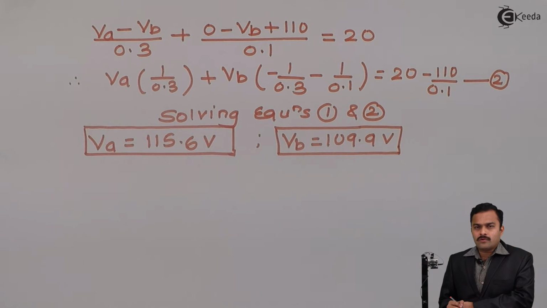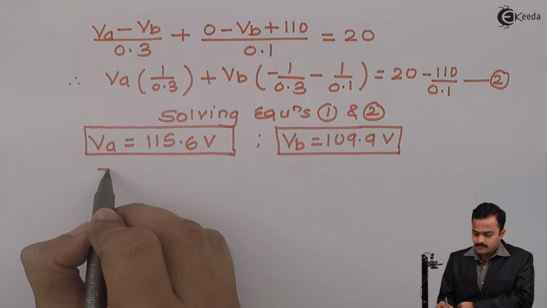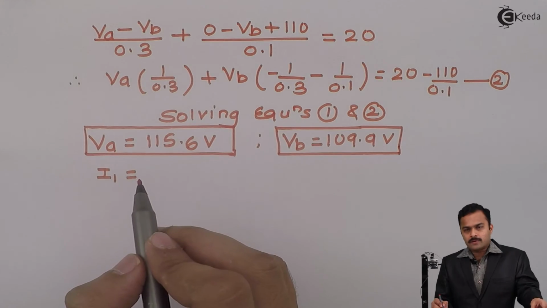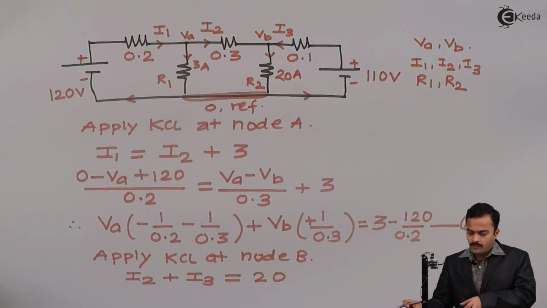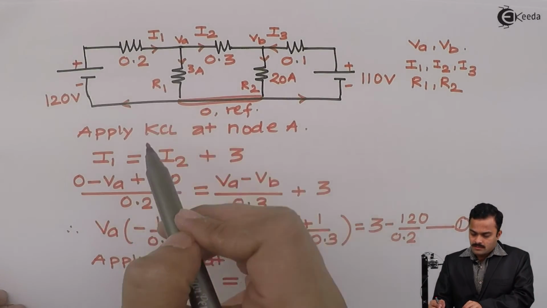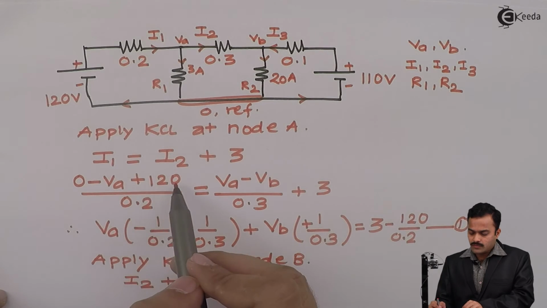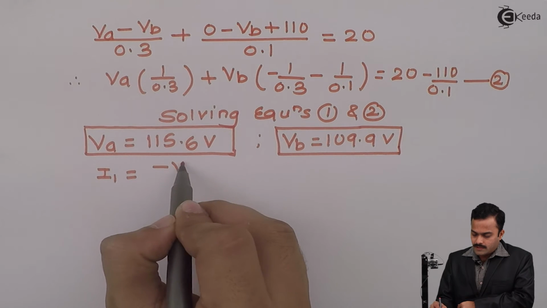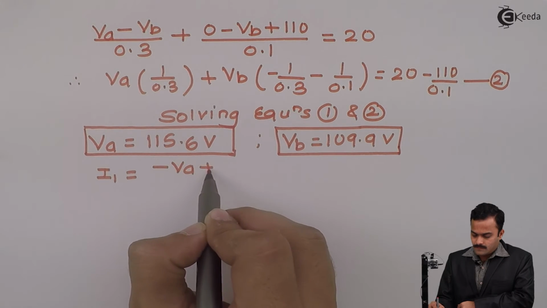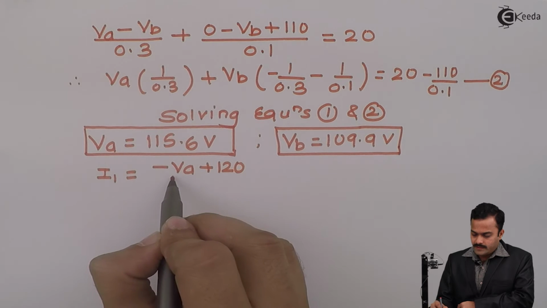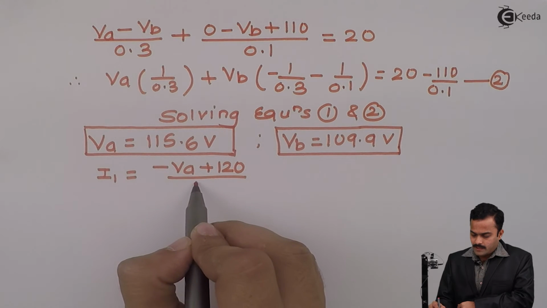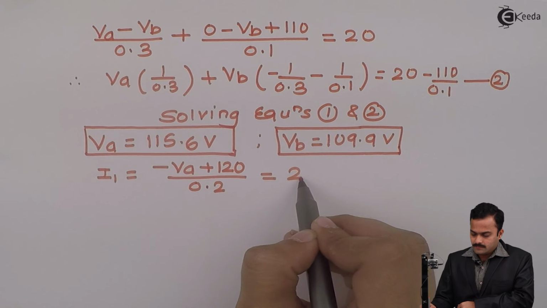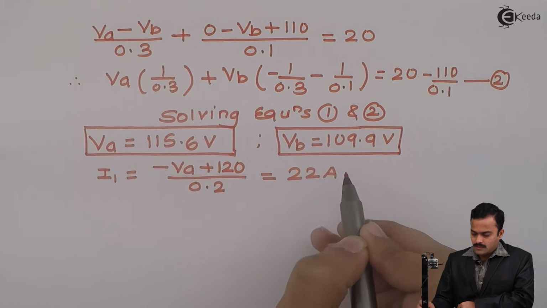By knowing the values of VA and VB, I can get I1. Let's go back to the circuit to check. I1 equals 0 minus VA plus 120 divided by 0.2. The answer I will get is 22 ampere.